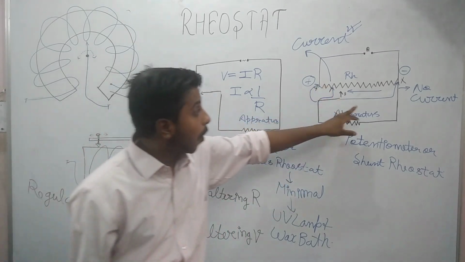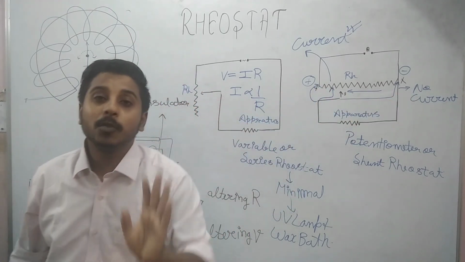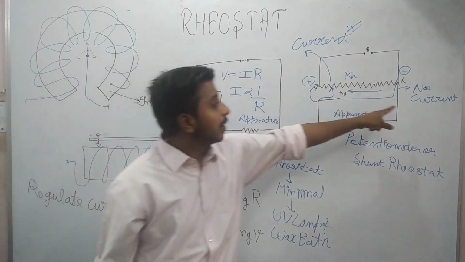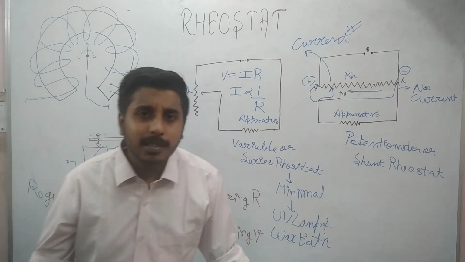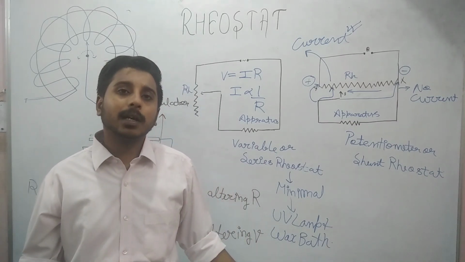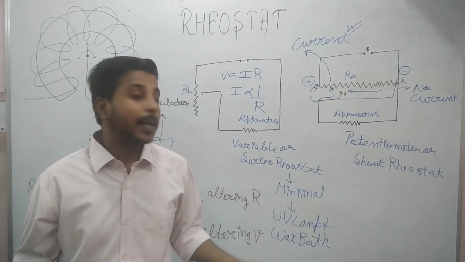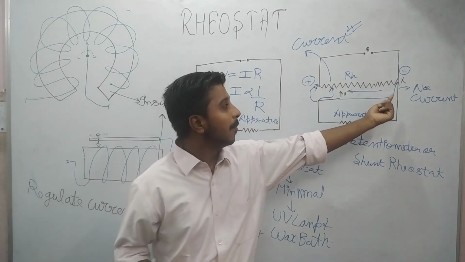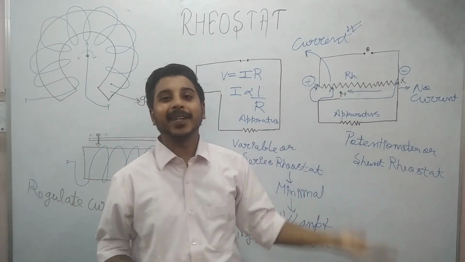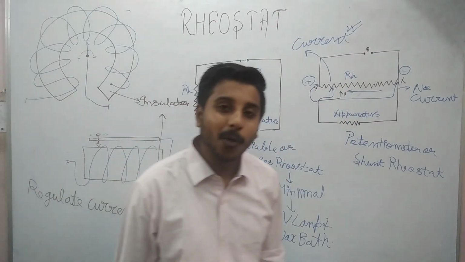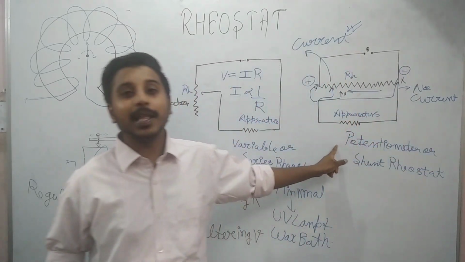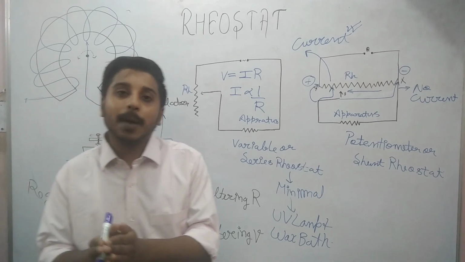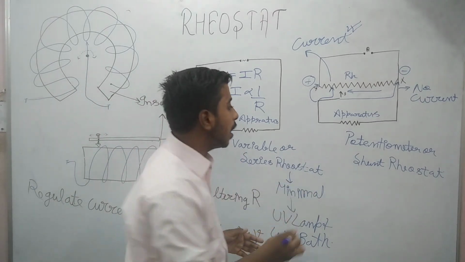From X there will be no current. Why? Because this part and this part, this black one and blue one, will be at the same potential. Then how will the current flow and how will the apparatus work? So when we move it from X toward Y, potential difference increases, current flows and our apparatus works. So this is used in devices in which we are applying a current directly to the body.